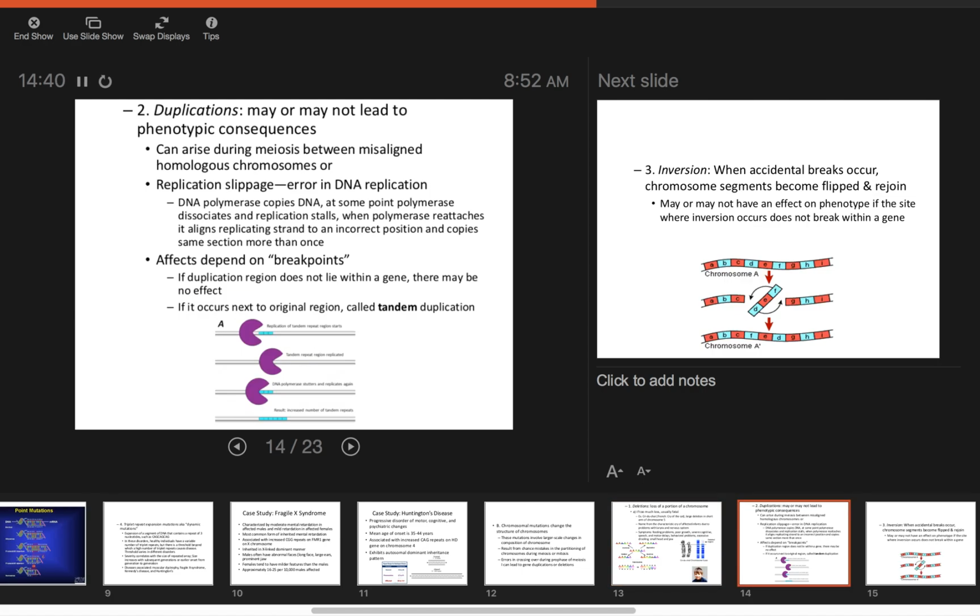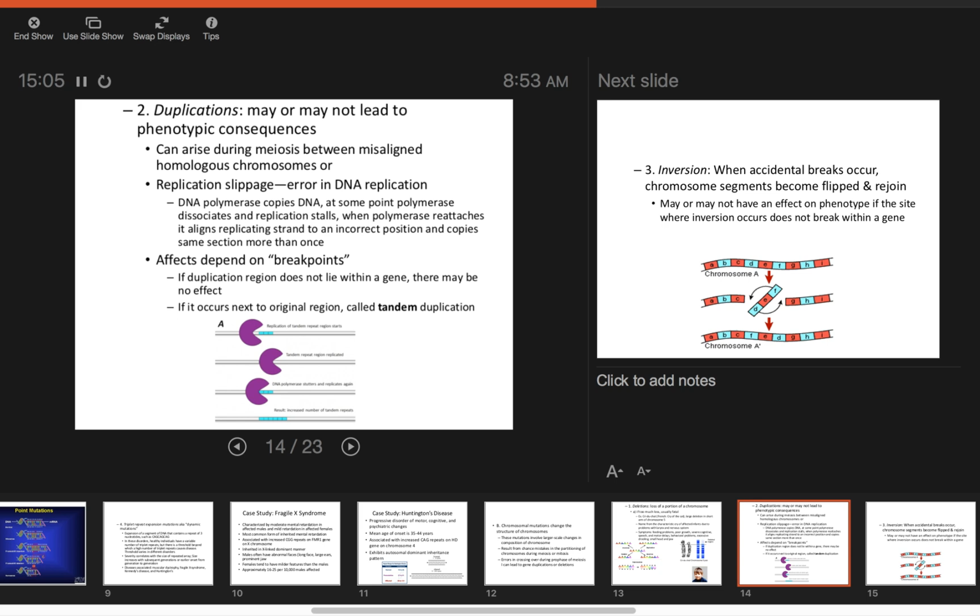Duplications may or may not lead to phenotypic consequences. Again, it happens in meiosis when the homologous chromosomes misalign with each other, or during DNA replication, where we have replication slippage. DNA polymerase, which helps replicate DNA, replicates a segment, and then all of a sudden it falls off for some reason.